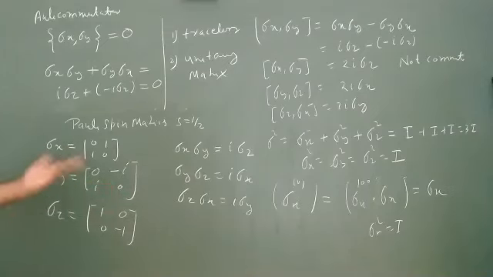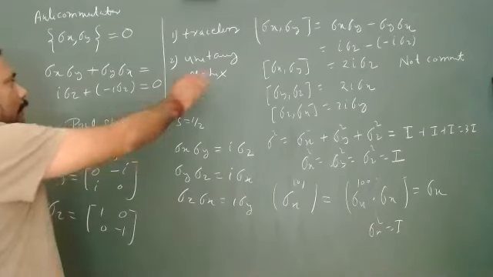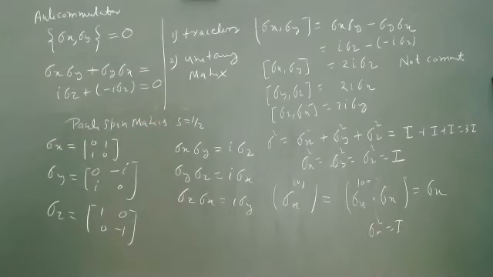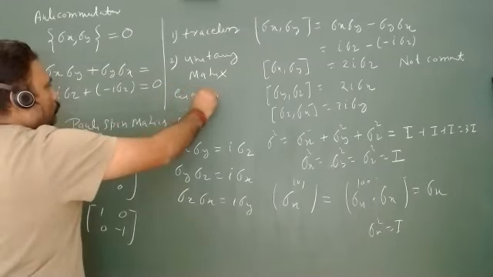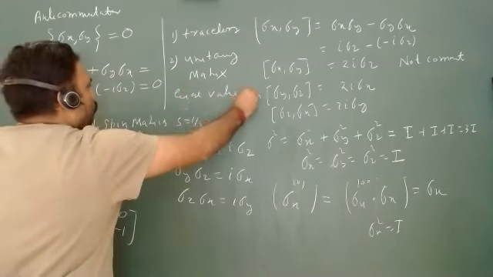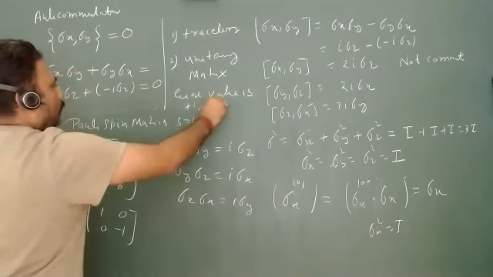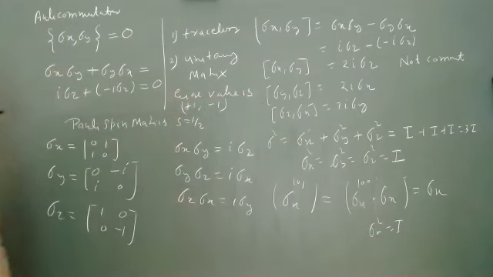And obviously they are Hermitian also in nature. They are unitary and Hermitian, so the eigenvalues are +1 and -1. These are all the properties of Pauli spin matrices.